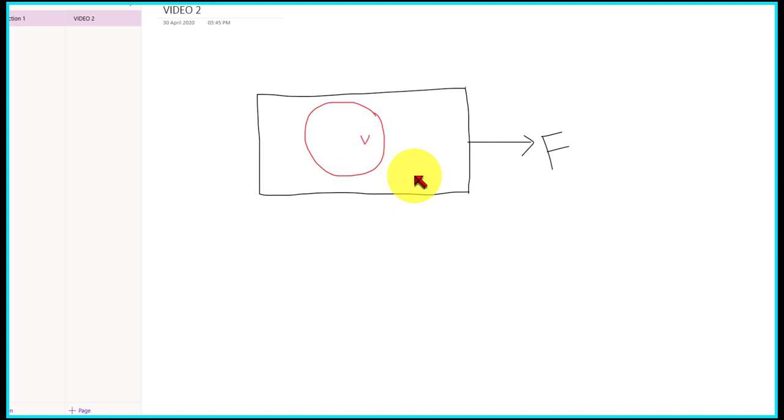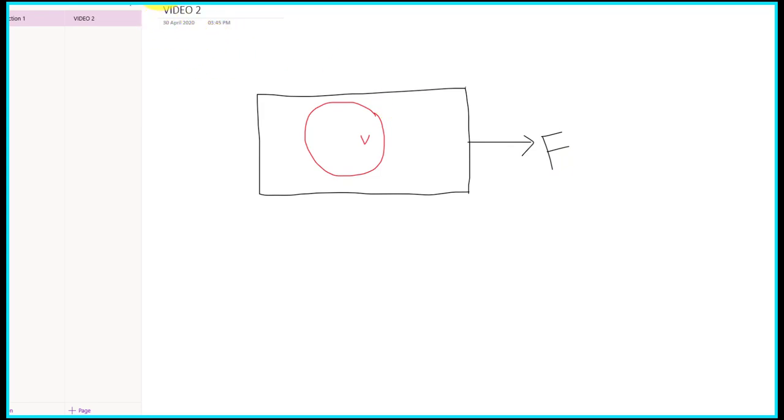A vector space is also a set of vectors which satisfies a few conditions related to the elements of V and F.